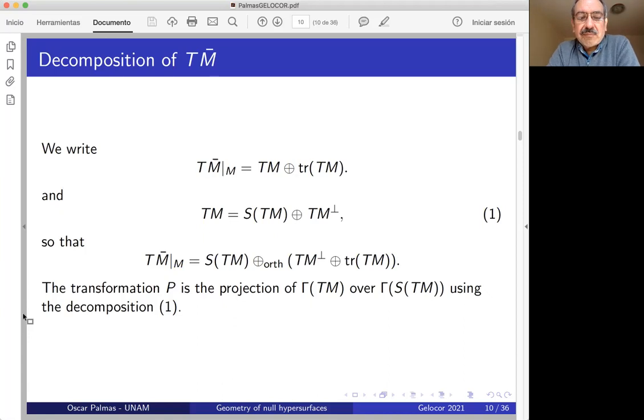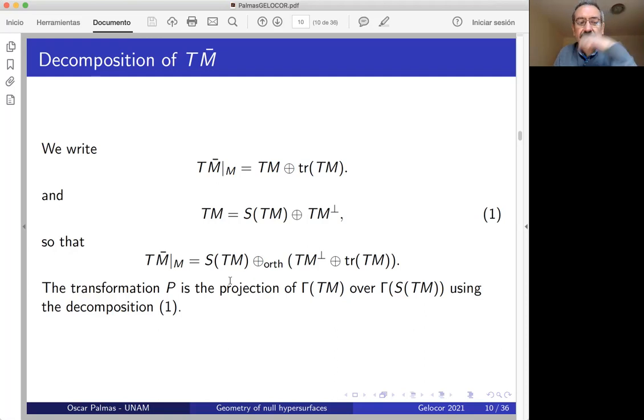Then we have this nice decomposition: the tangent bundle of M bar is decomposed in a direct sum given by the tangent bundle of M plus the transversal bundle, and also the tangent bundle of M is decomposed by the sum of the screen distribution and the radical. So we have this decomposition for the whole tangent bundle of our ambient space.